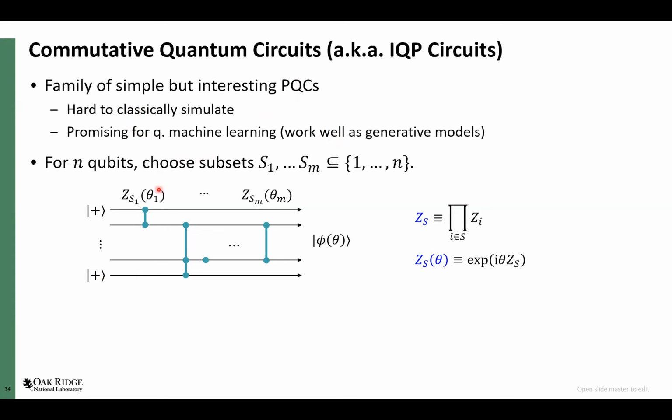And the structure of this circuit is that you have n qubits in the uniform superposition, and then you apply controlled phase gates or ZZ gates involving various subsets of qubits. It can be 1 qubit, 2 qubits, 3 qubits or higher, any number of qubits. But these operations all commute with each other, and that's why they're called commutative quantum circuits.